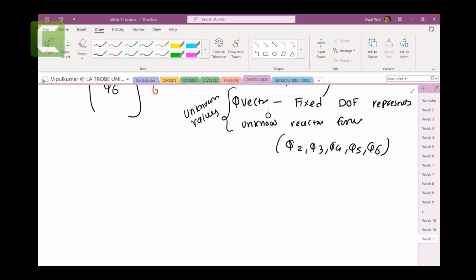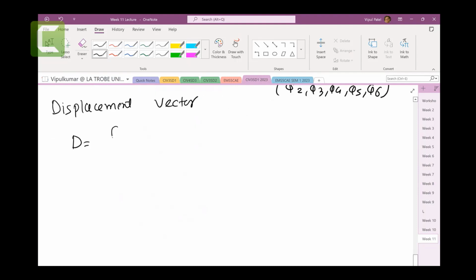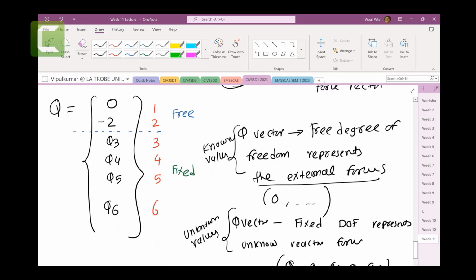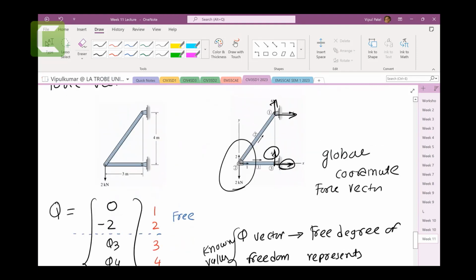Now, another one is called the displacement vector. The displacement vector D, we're going to put again 1, 2, 3, 4, 5, 6 total degrees of freedom. Again, divide them into 2. And this is opposite. You can see D1 and D2 are unknown because we don't know what the displacement is at this particular point.